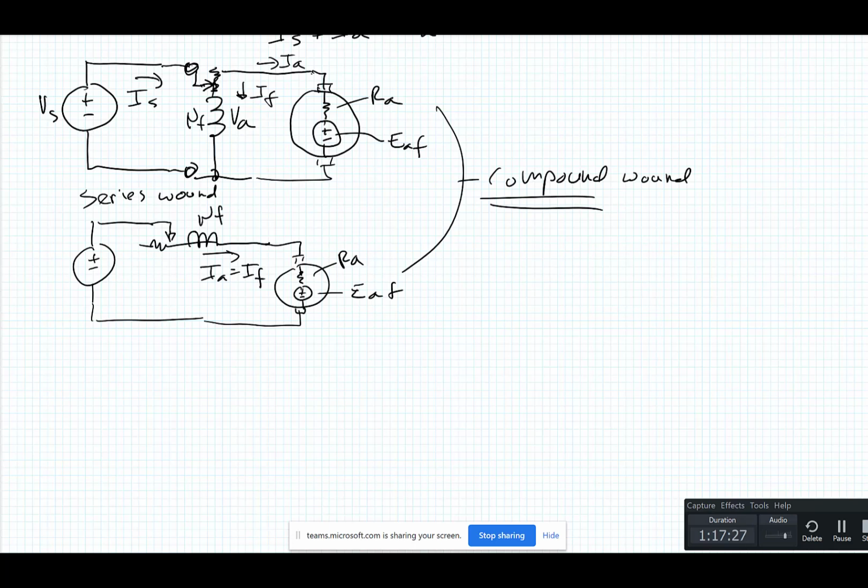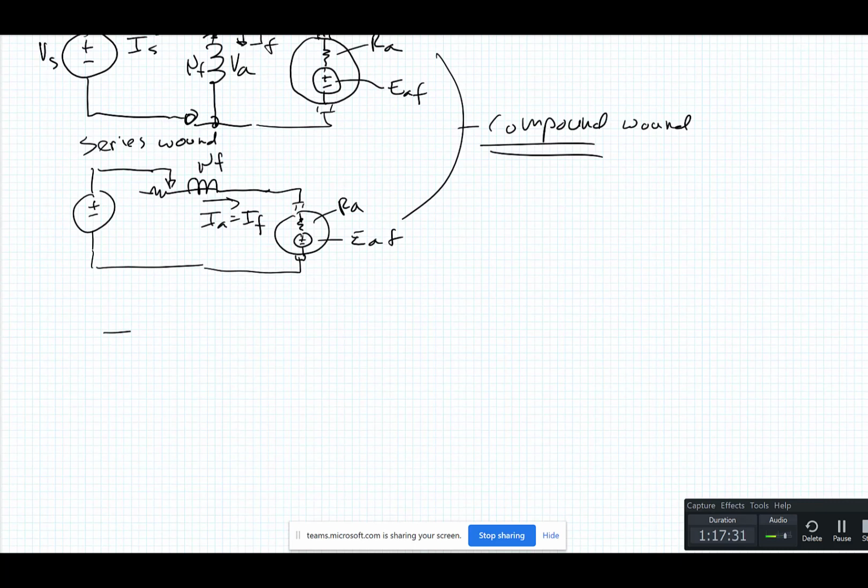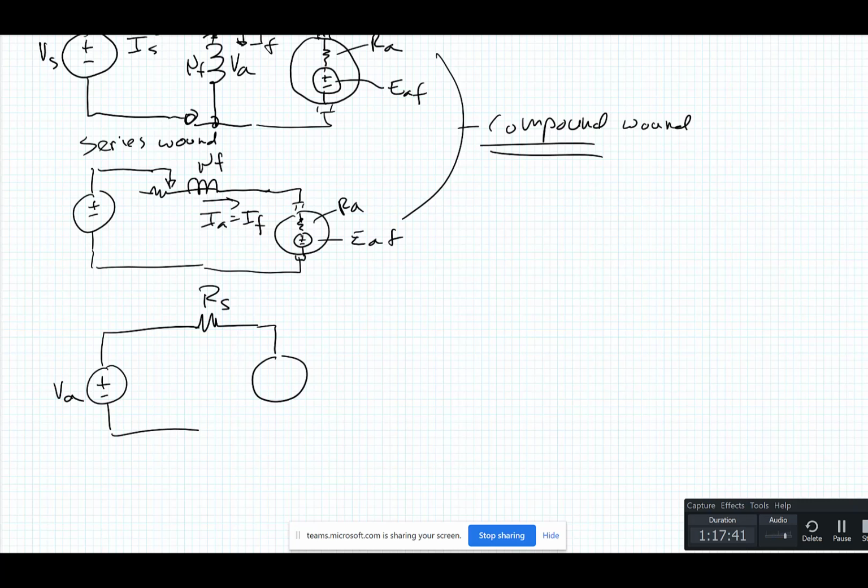So basically, let's just go back to this simple equivalent circuit for the separately excited machine. VA, we have RS now. I'm going to drop the brushes out of this. This would be my brush right here. This is EAF, and this is IA, if this is a motor.